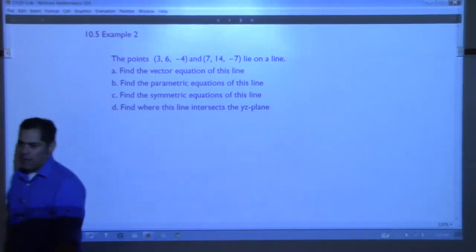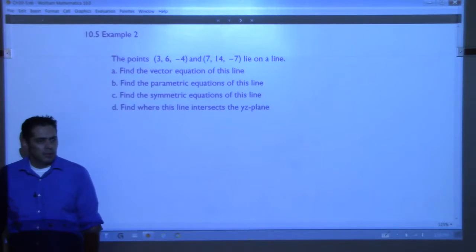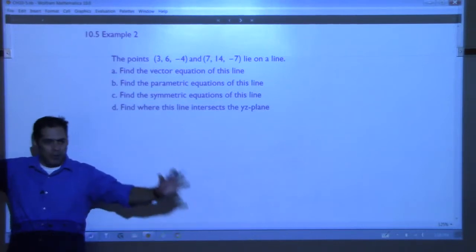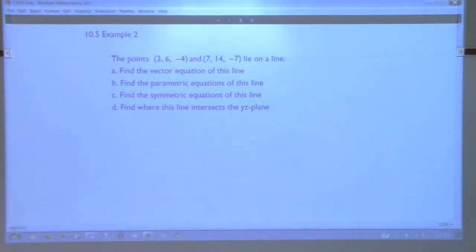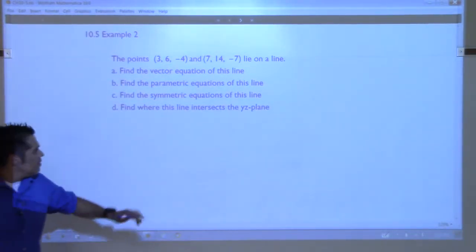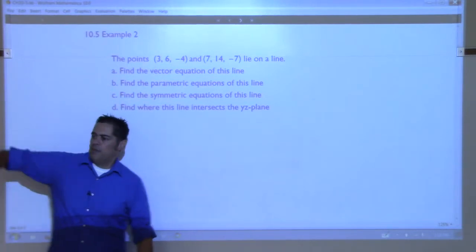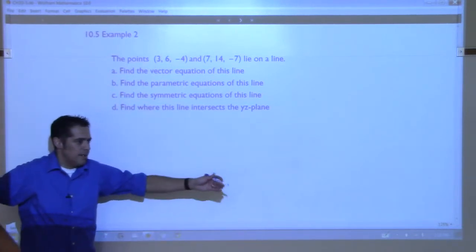So think about that. What does that mean? That means that x will be 0. x has to be 0. So if you're on the YZ plane, remember the room, let me turn the light back on. Remember the room is our X, Y, Z. So the YZ plane is the y-axis and z-axis.